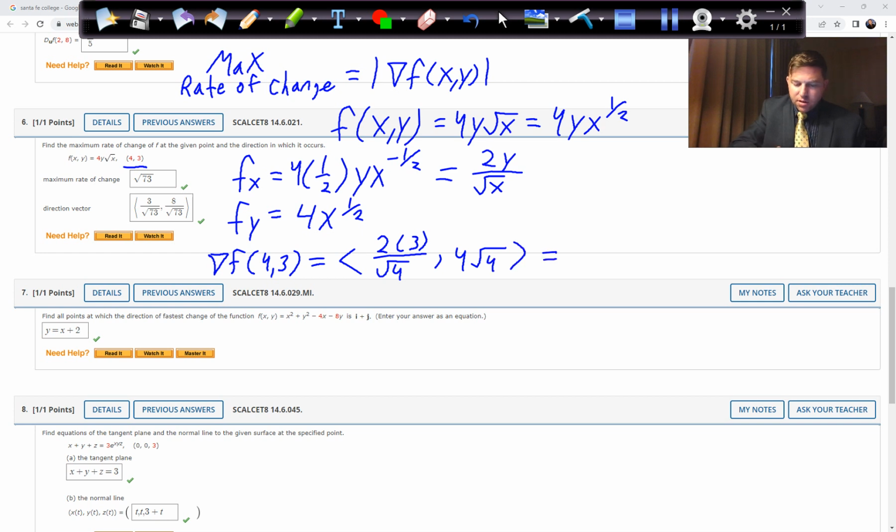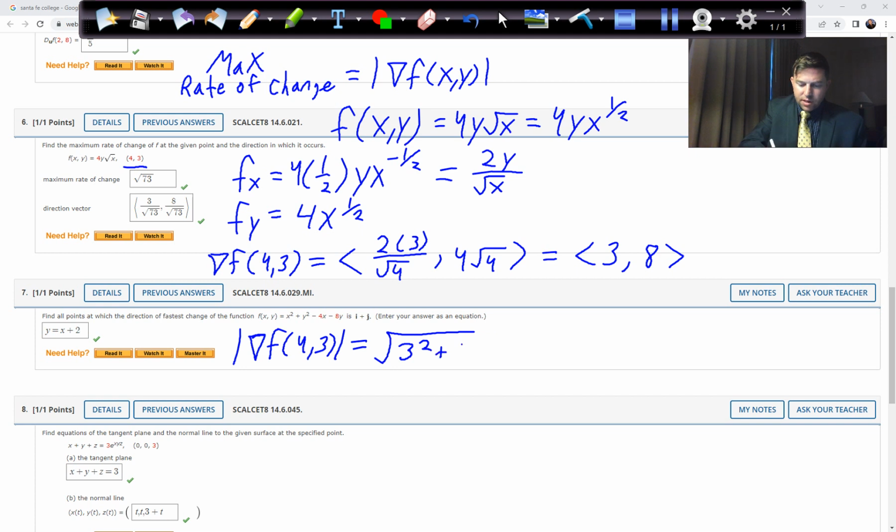The square root of 4 is 2, so the 2 and the square root of 4 will cancel, and we're left with 3, and then 4 times square root of 4 would be 4 times 2, which is 8. So 3 comma 8. Now we just have to find the magnitude of that. Well, that's going to just equal the square root of these components squared. So 3 squared plus 8 squared, which is 9 plus 64, which is 73. That is the answer to the maximum rate of change.